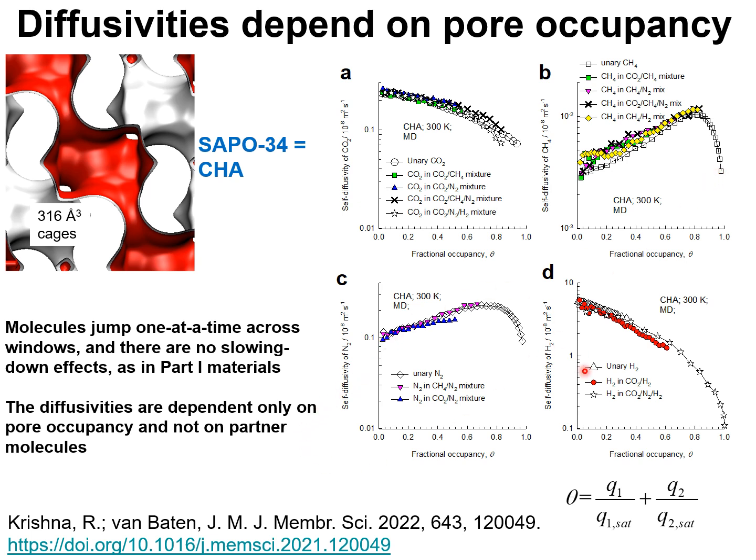Same is true for nitrogen. Same is also true for hydrogen. Whether it is pure hydrogen or hydrogen in the presence of CO2, the diffusivity only depends on the occupancy inside the pores. The occupancy is defined for a binary mixture as the loading of component 1 divided by its saturation loading, and you add the occupancy of component 2, which is the loading of component 2 divided by its saturation loading.